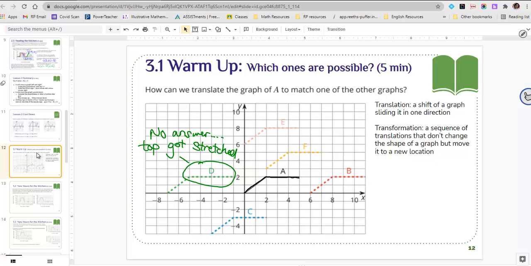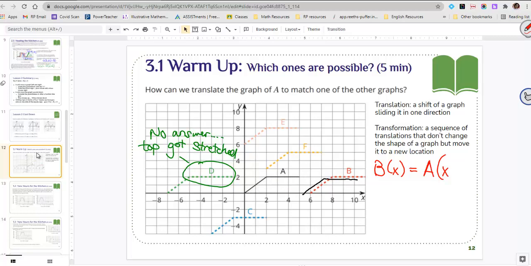Let's try writing B together, and then you'll have a chance to try C, E, and F and see if you've got this idea. To write function B, we're going to use B of X. We're going to use function notation. B of X is our A of X function somehow changed. Which direction am I moving?